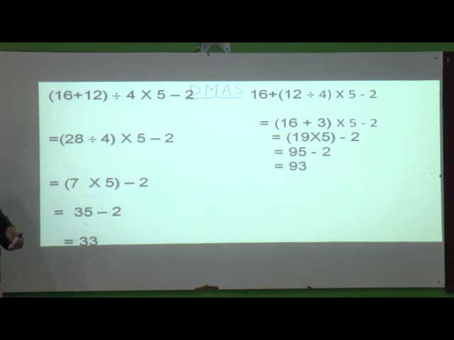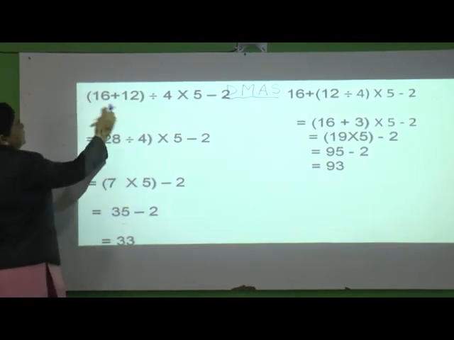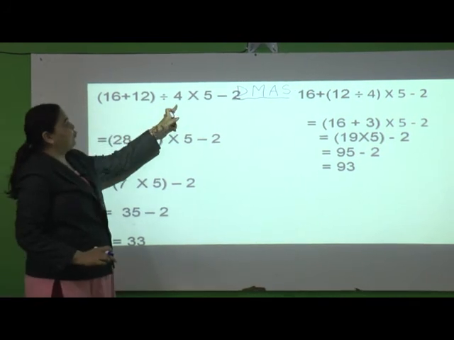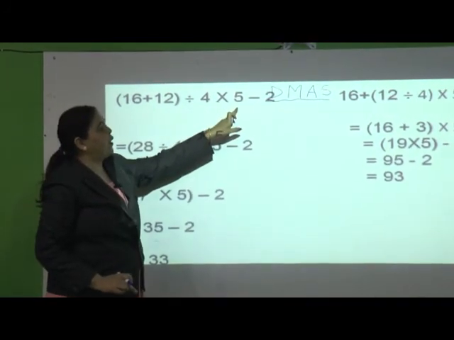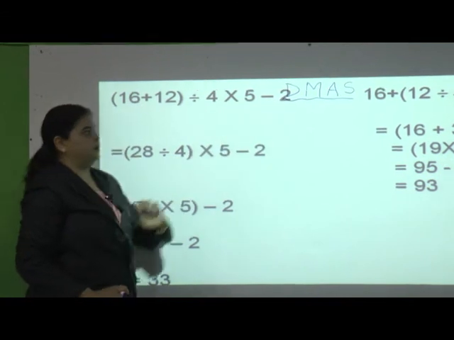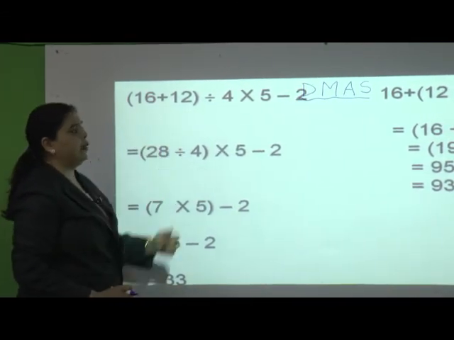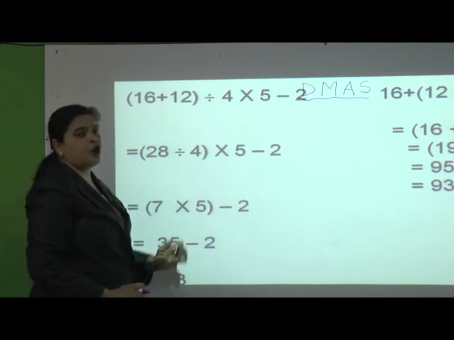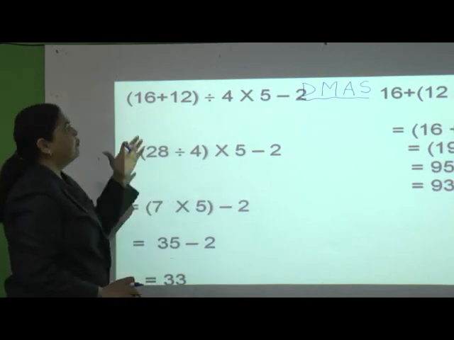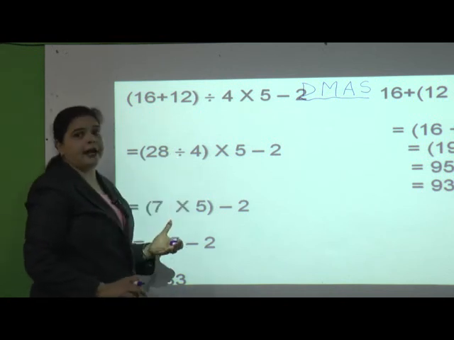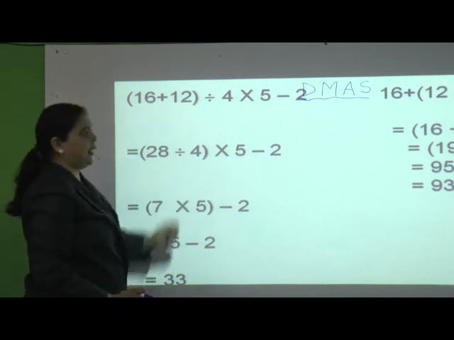Here already I had given one example, that is, inside the bracket 16 plus 12, divided by 4, multiplied by 5 minus 2. You are thinking that the expression is too large, but don't worry, I will give some tricks to you on how to solve it step by step. When we are having numbers and operations in the bracket, first we have to solve the bracket.